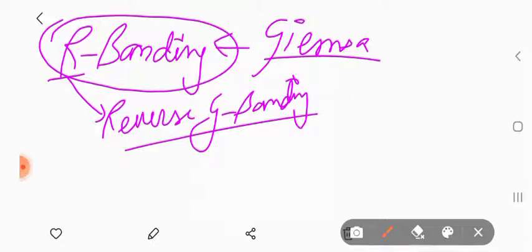Now, in the R banding technique, the chromosomes are heated before the Giemsa stain is applied. Again I repeat, after you fix the chromosomes, you treat the chromosomes with colchicine, and the chromosomes are heated before Giemsa stain is applied.